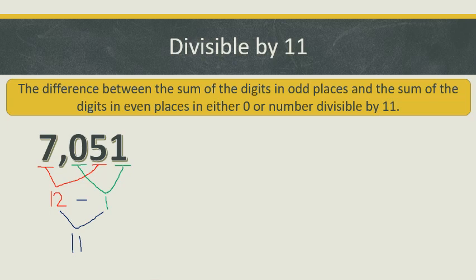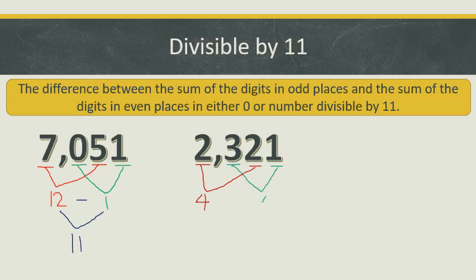Okay, so another example tayo. So, 2,321. So, ulitin natin. So, unahin natin yung odd places. So, yung first at saka yung third natin. So, 2 plus 2 is 4. Then, color green yung even natin. So, 3 plus 1 is 4.